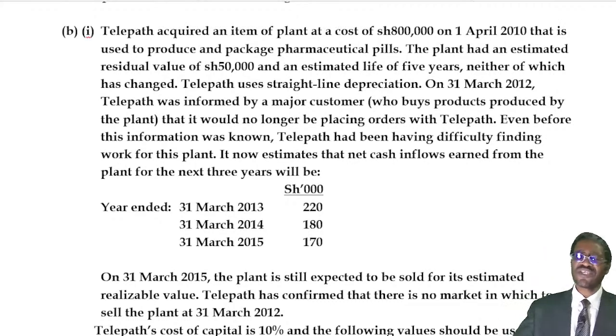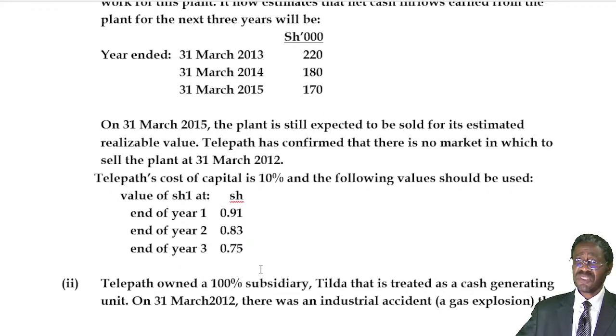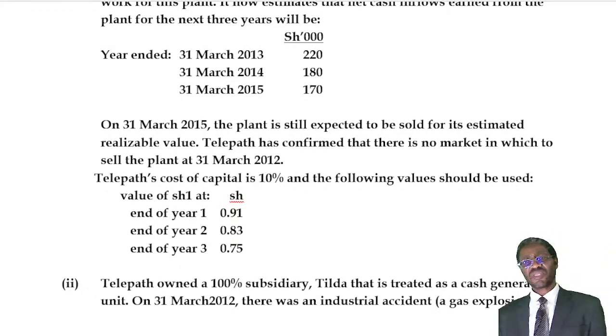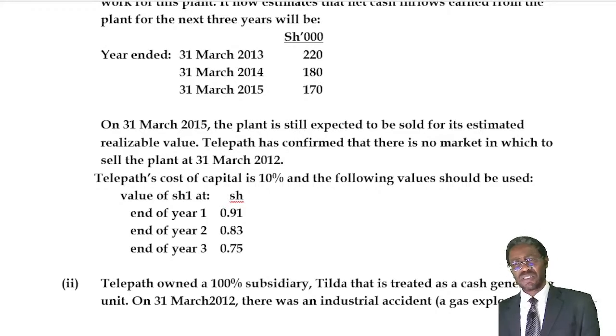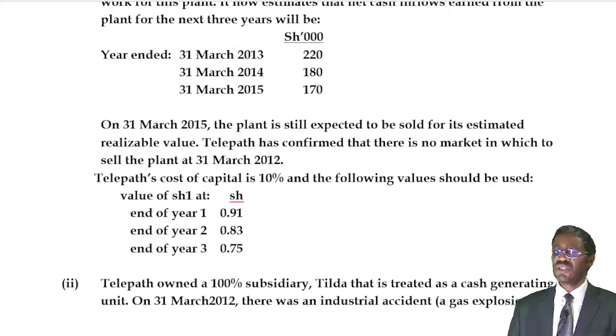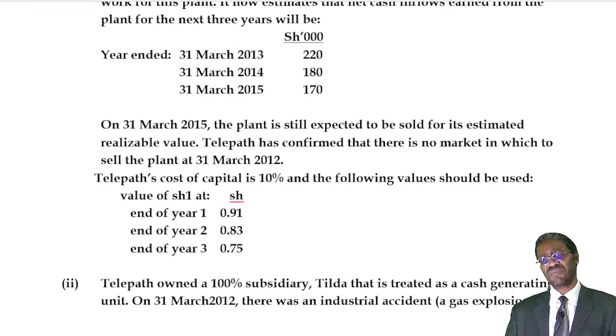On 31st March 2015, the last day of the 5 years, the plant is still expected to be sold for its estimated realizable value. Telpath has confirmed that there is no market in which to sell the plant as at 31st of March 2012.